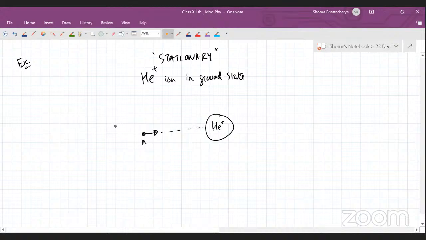Now it's asking what should be the minimum energy of the neutron so that all types of collisions, that is elastic, inelastic, and perfectly inelastic, can take place.